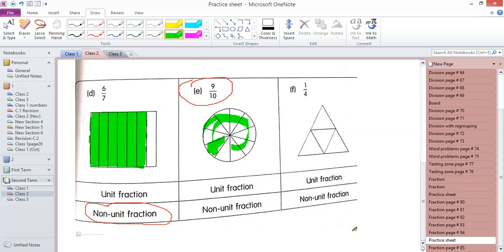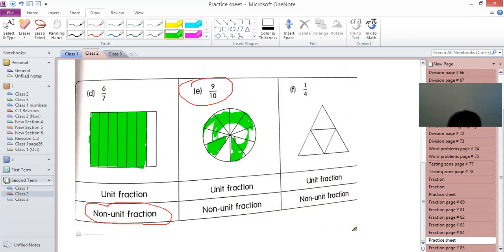From this portion to this portion, I will color it, and only one portion will be left and 9 will be colored. So this all will be colored. It will be like this.